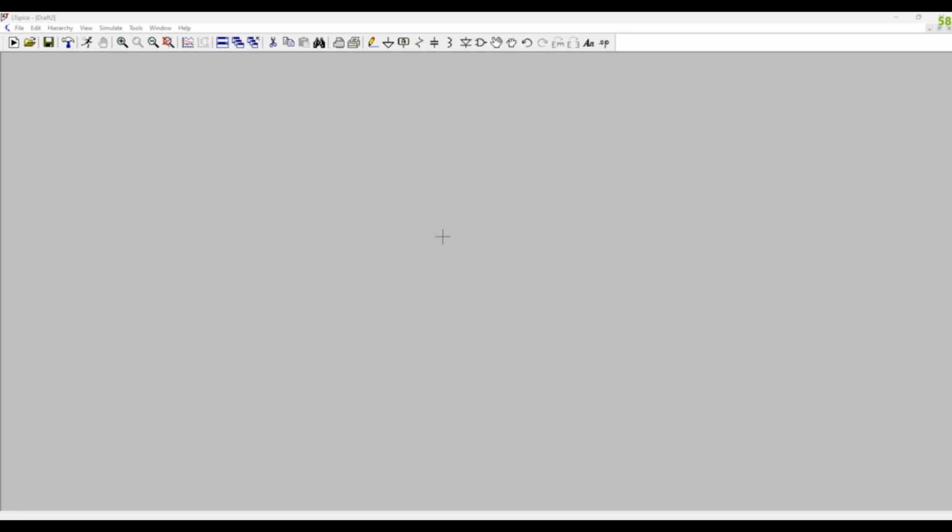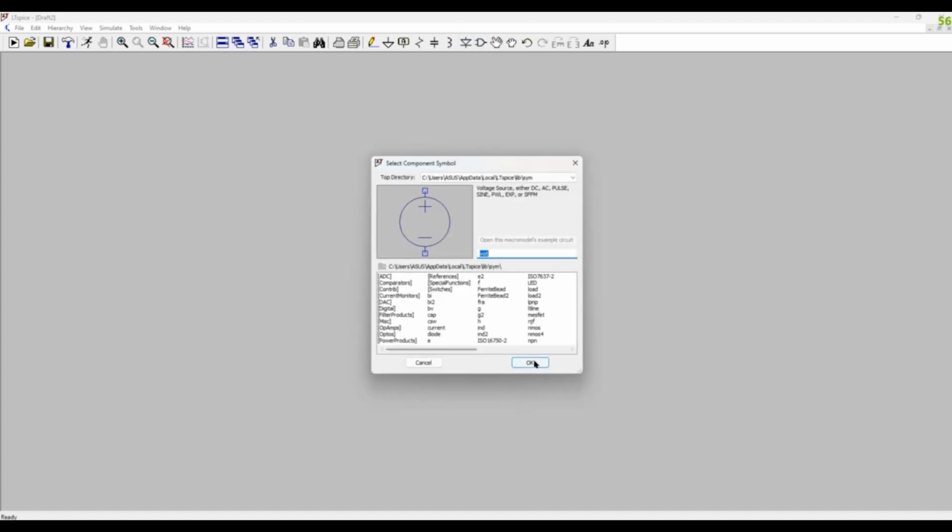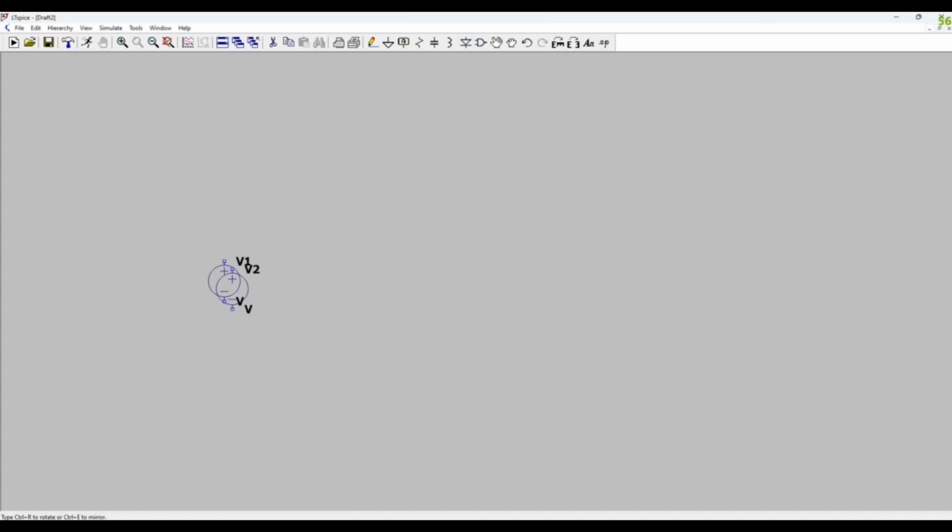Okay, for question 2, for the simulation, we need the voltage source, the resistor, and the inductor.